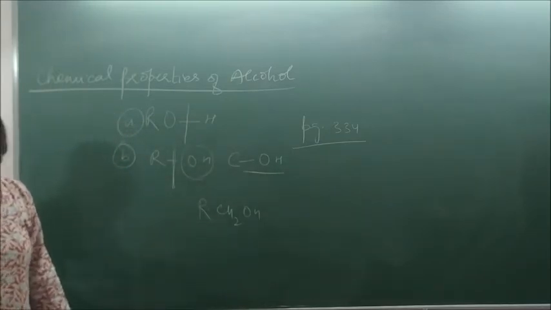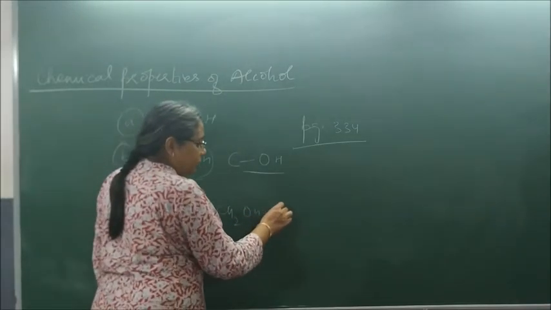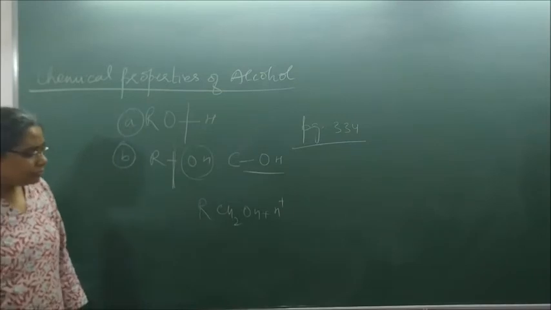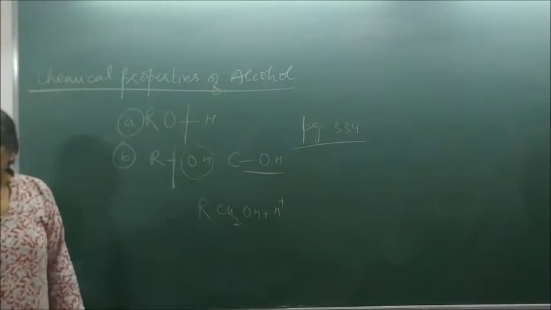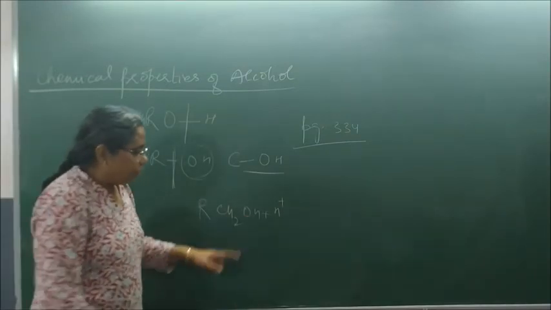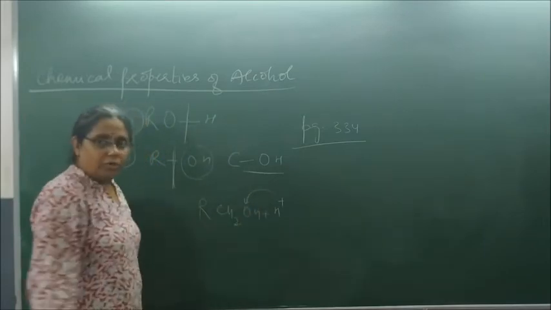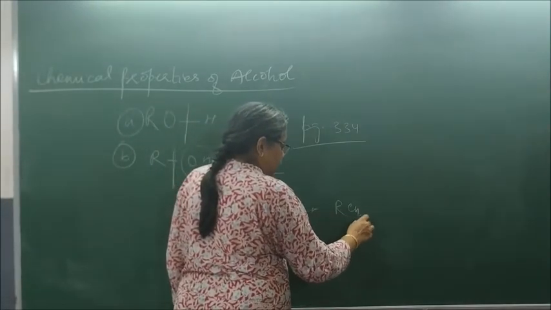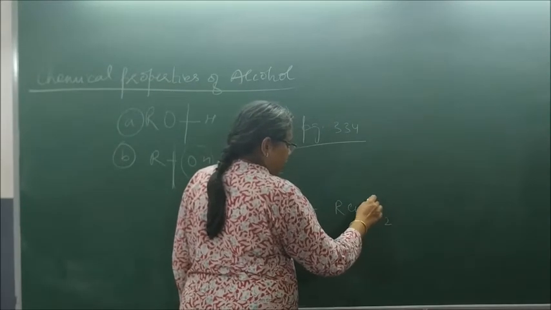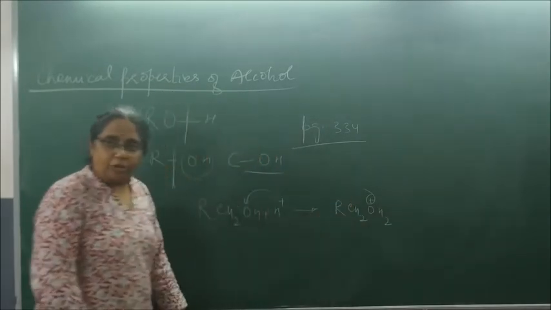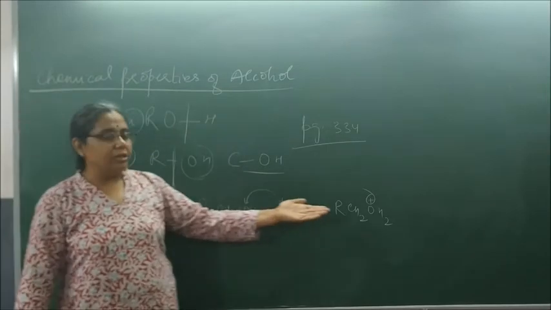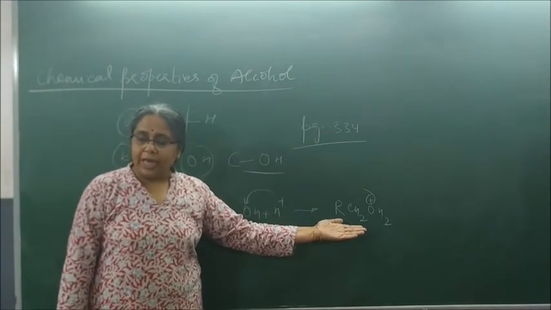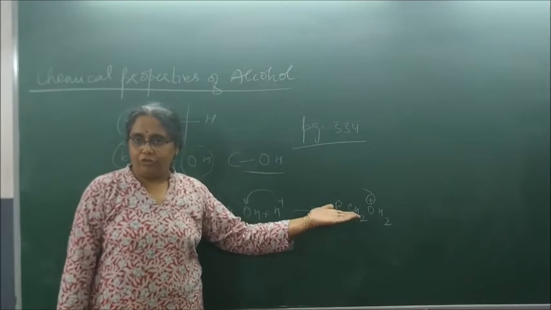When it reacts with H plus, the H will come and add here because it has one lone pair of electrons. So it forms RCH2OH2 with a positive charge. So it behaves as an electrophile. Protonated alcohols behave as electrophiles.